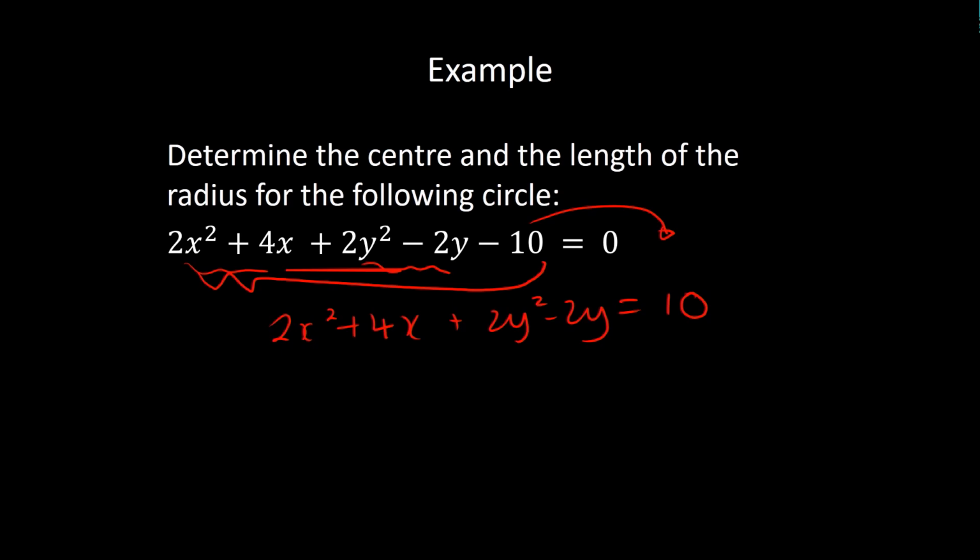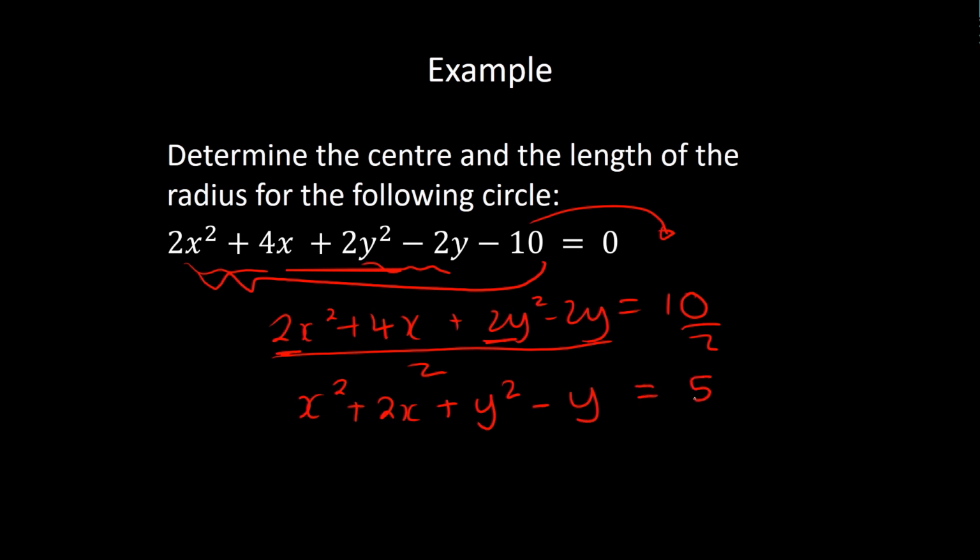The next thing you need to make sure is that the coefficient of your x squared and y squared term is 1. So we can divide through by a common factor of 2. So we end up with x squared plus 2x plus y squared minus y is equal to 5.